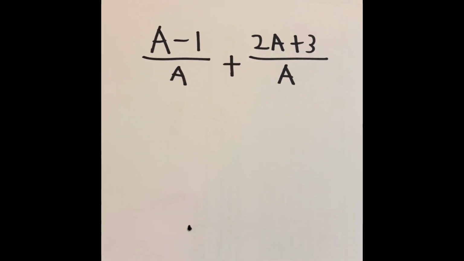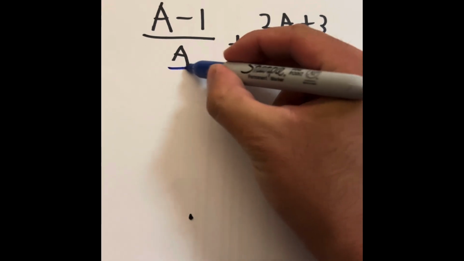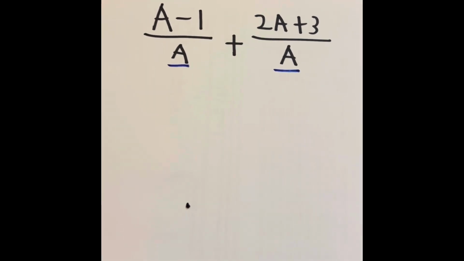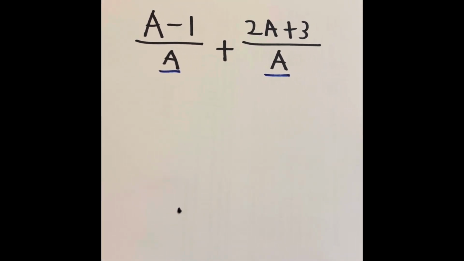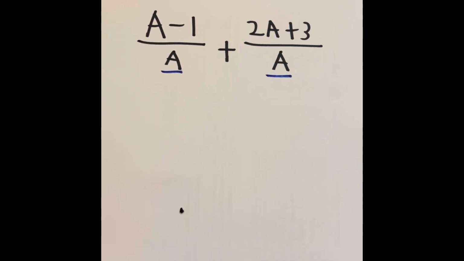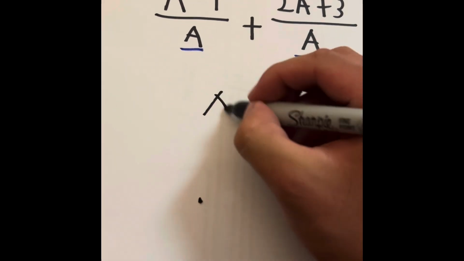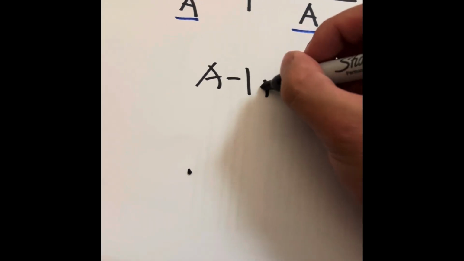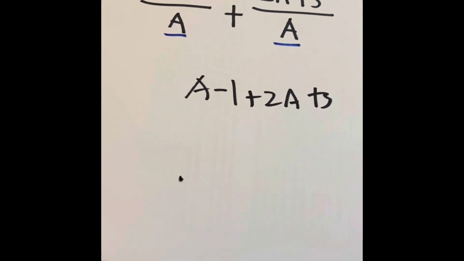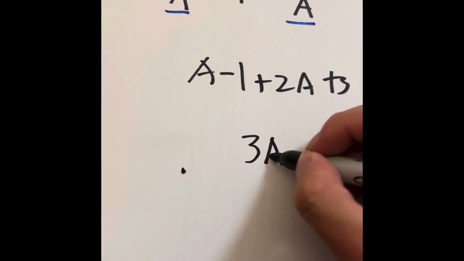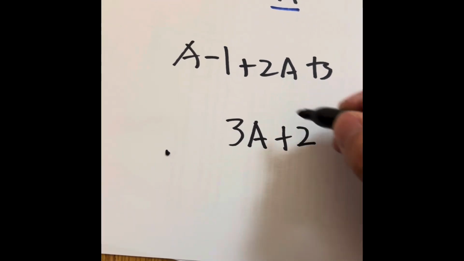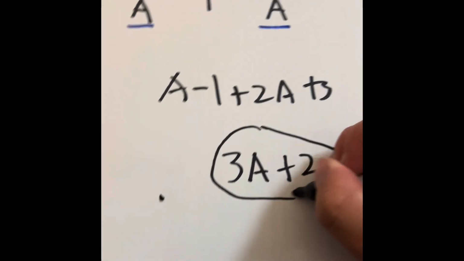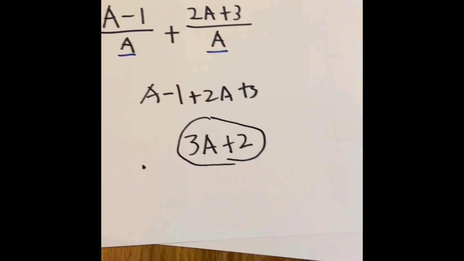This should be very easy because these two things have the same denominator. Therefore, it will allow us to add the a minus 1 and the 2a plus 3 together because they're the same denominator. So we have 3a plus 2. That is our final answer, which is very easy to recognize.